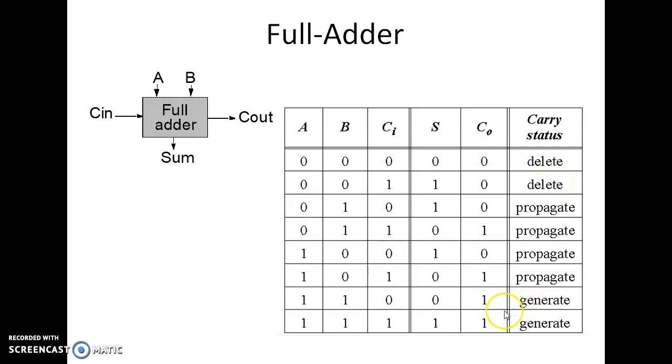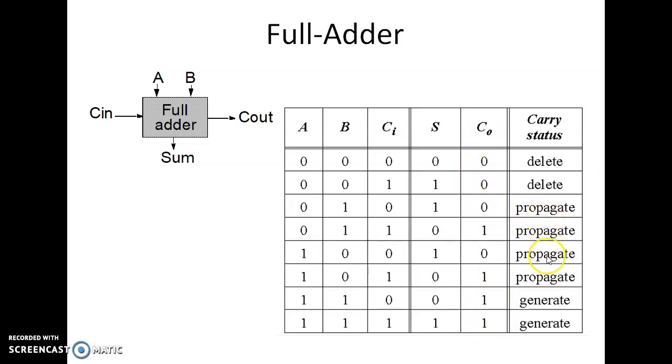Similarly, generate. When a is 1 and b is 1, irrespective of the input carry, the output carry is going to be generated. Output carry is going to become 1. Generate means output carry 1. Delete means output carry 0.